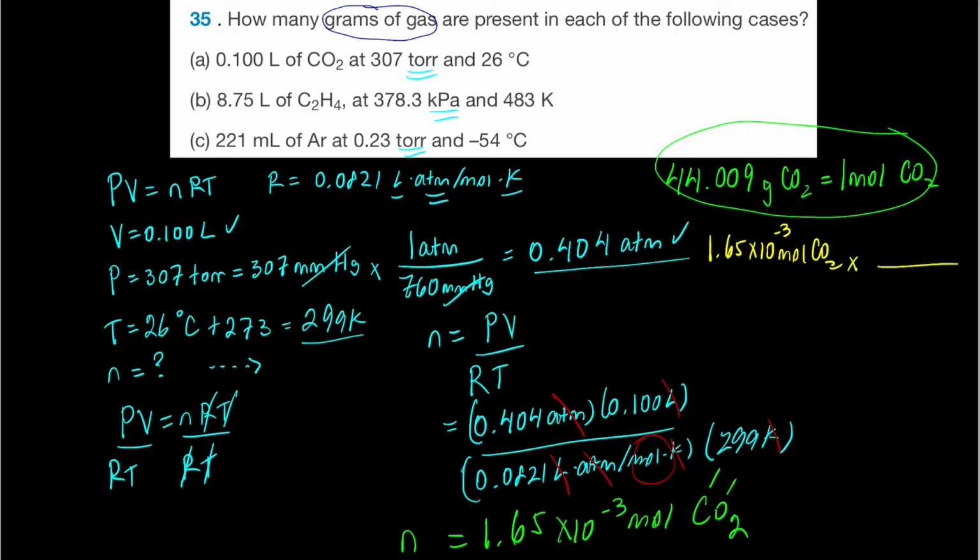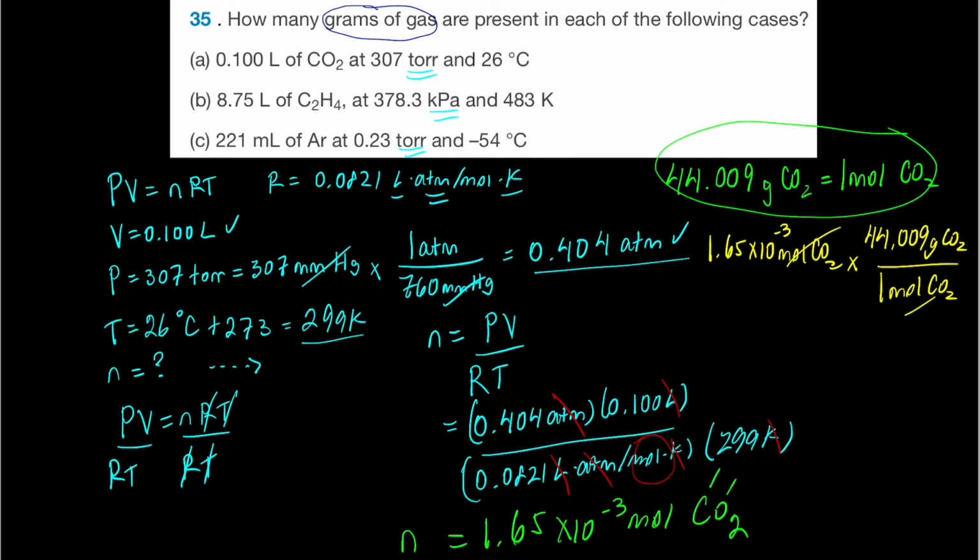And we put our fraction bar there. So down below is going to be 1 mole of CO₂, so that the moles of CO₂ cancel. And up above, I'm going to have 44.009 grams of CO₂. So the moles of CO₂ cancel. So I'm going to take these two numbers and multiply them.